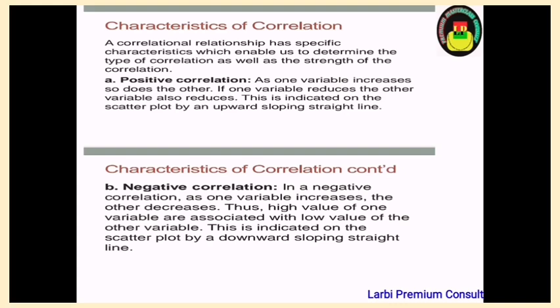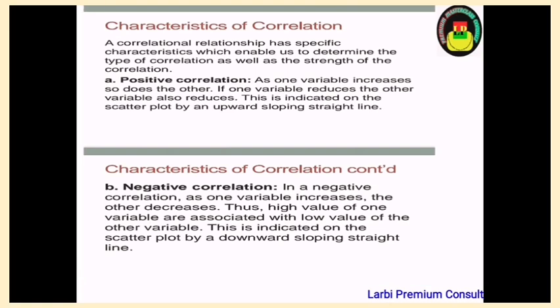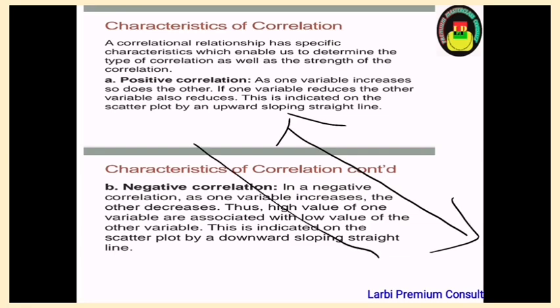This is indicated on the scatter plot as an upward sloping straight line, like what we are having here. So this scatter diagram can be a form of a positive correlation. The negative correlation will have its line look like this, a backward sloping line.